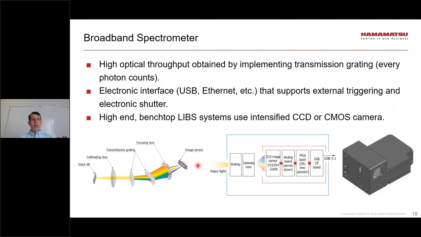These spectrometers have very high optical throughput because every photon counts. They generally would have a USB computer interface or some means of collecting the data to a microcontroller. And they're kind of replacing the high-end image intensifiers in LIBS applications.